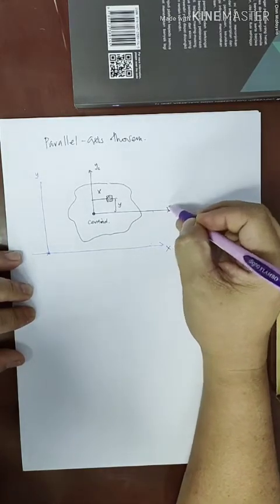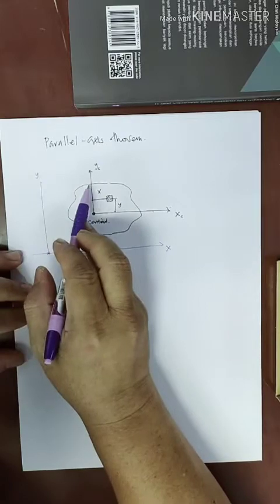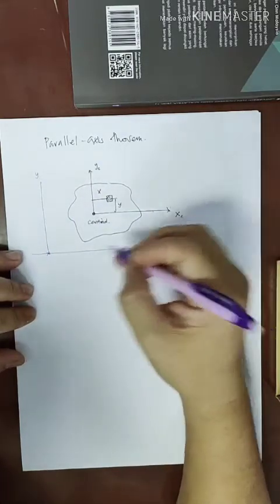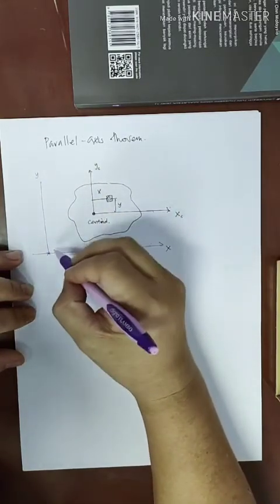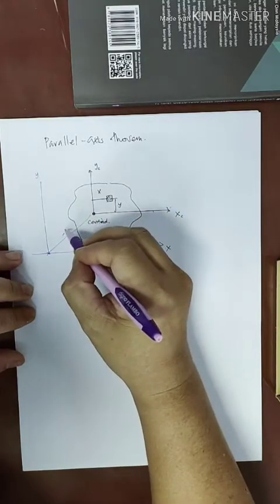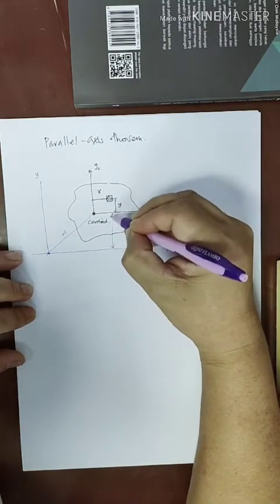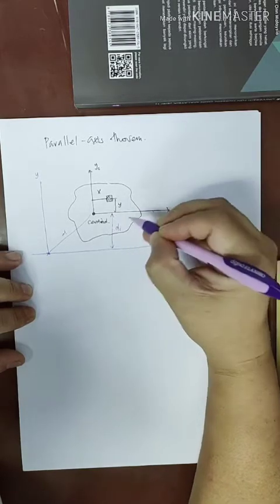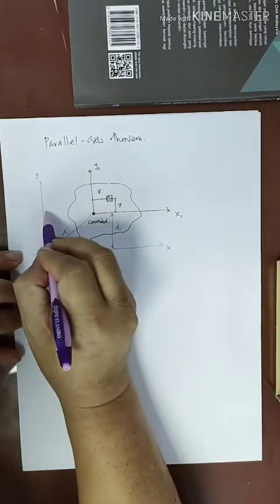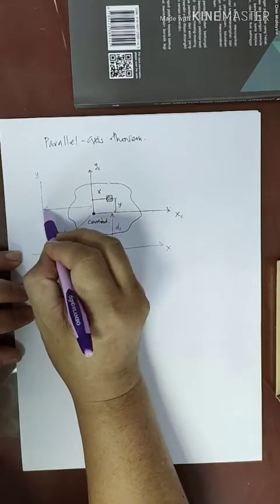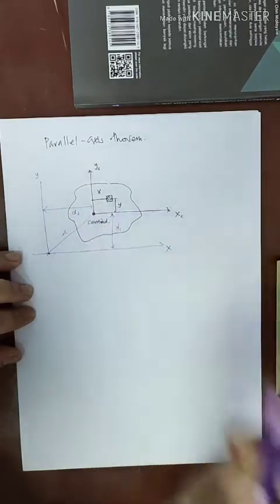So x parallel to the xc and y parallel to the yc. So what are the distances? This is the distance d1, and here we have distance d2.